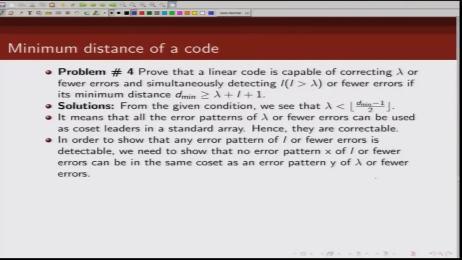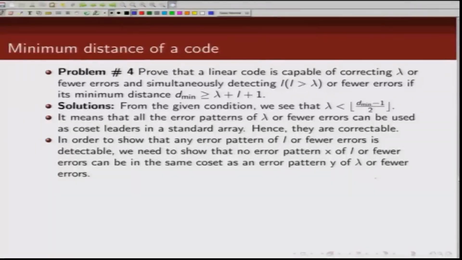If they are in the same coset, because we are using those coset leaders for error correction, we would not be able to detect those error patterns. So, it is important that those error patterns of weight L or less, if we want to detect them, should not be in the same coset as the correctable error patterns.